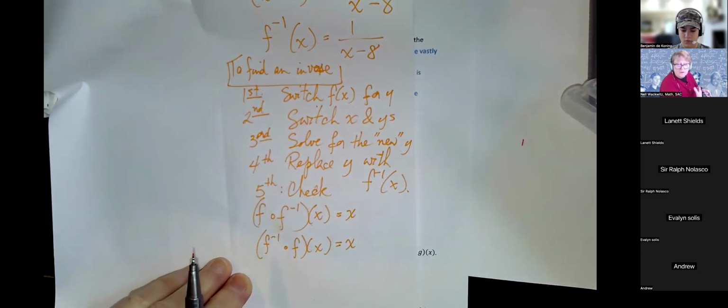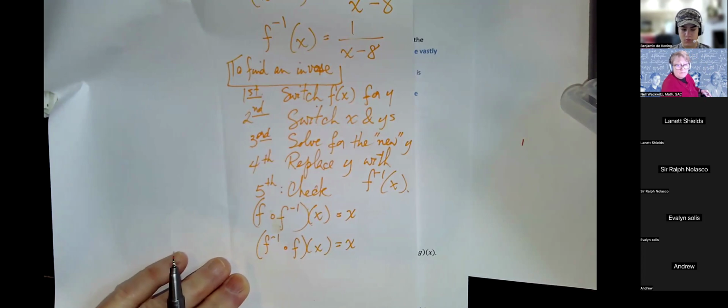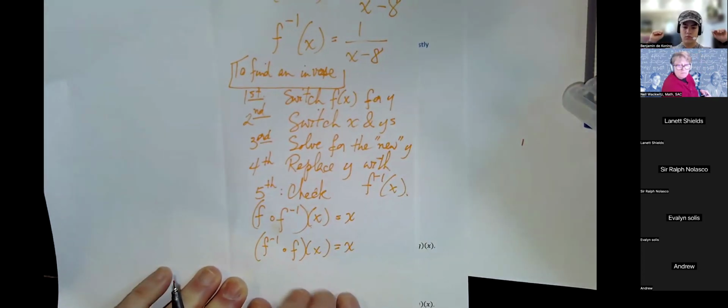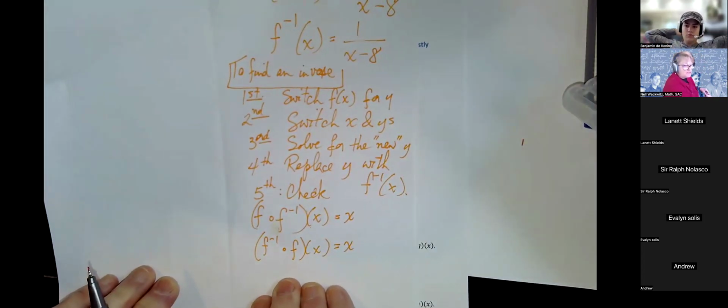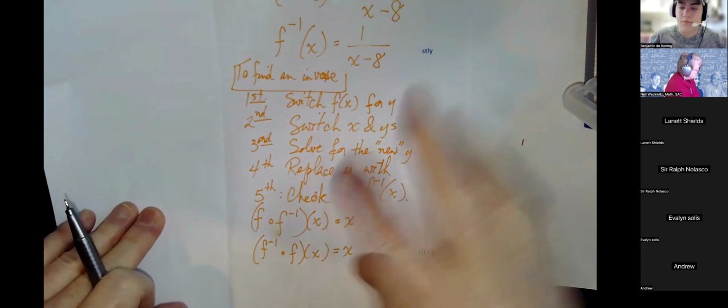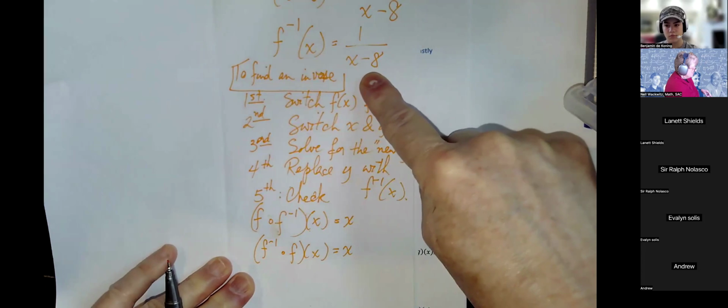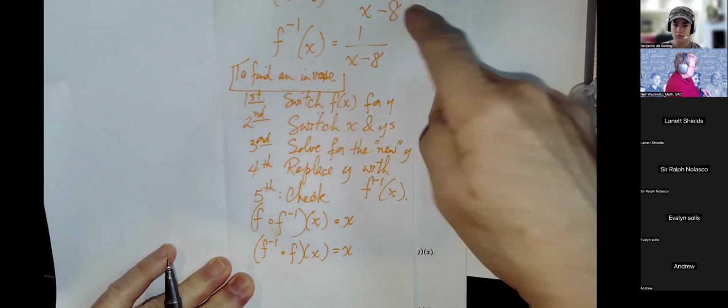Whatever one does, the other undoes. I'll type these steps up and put them in the notes just so that you've got them. But let's follow these steps and find the function whose inverse is 1 over x minus 8.